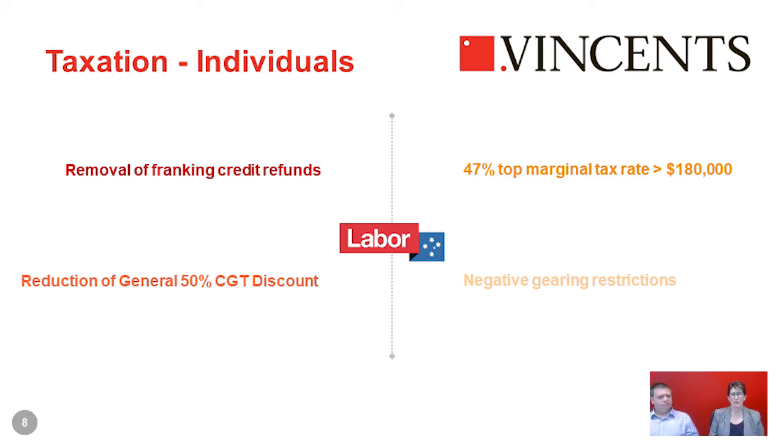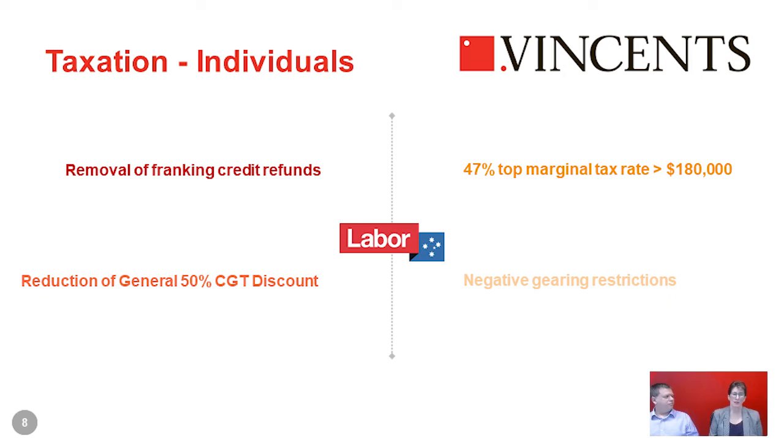Also, in relation to the CGT discount, this is something they've spoken about for a little while as well. The Labor Party's view is that both negative gearing and the CGT discount haven't achieved their aim of boosting housing supply and encouraging people to build new houses.